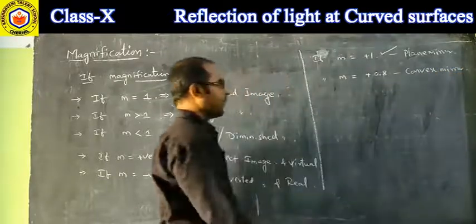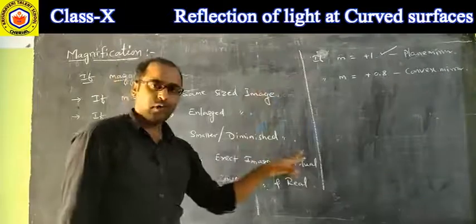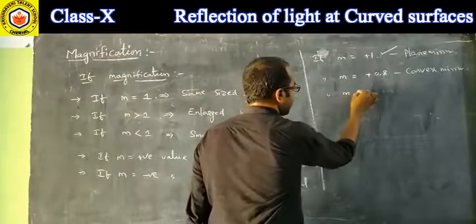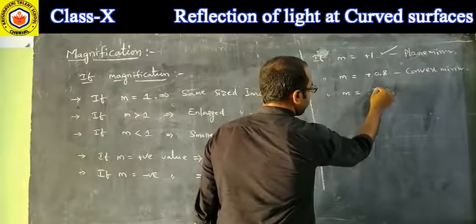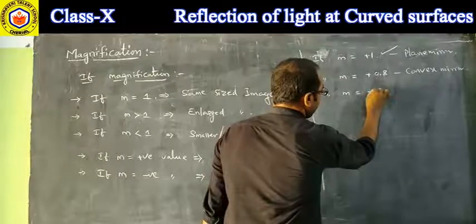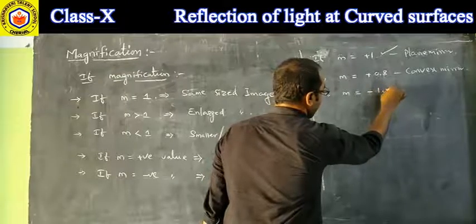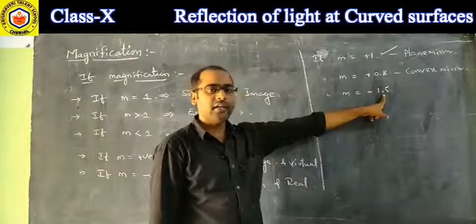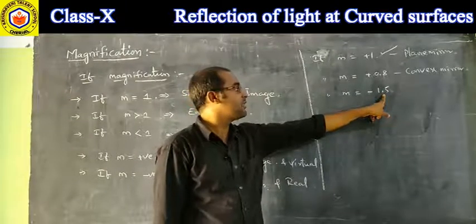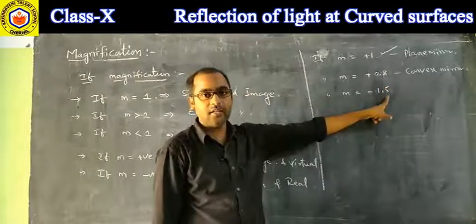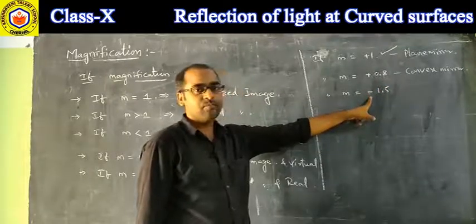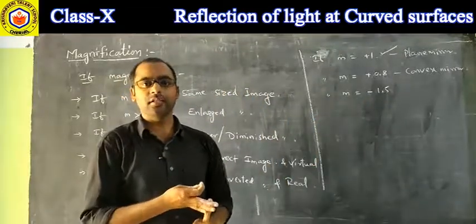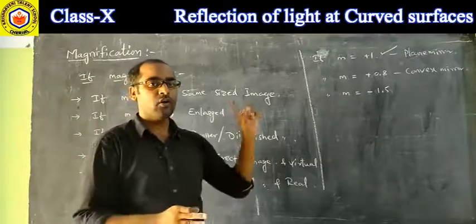And if the magnification is equal to minus 1.5, 1.5 is greater than 1, that indicates an enlarged image, and the minus sign indicates an inverted image: inverted, real and enlarged image. This is possible in the case of a concave mirror.